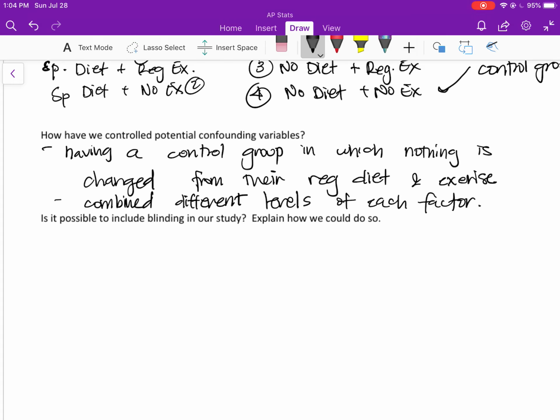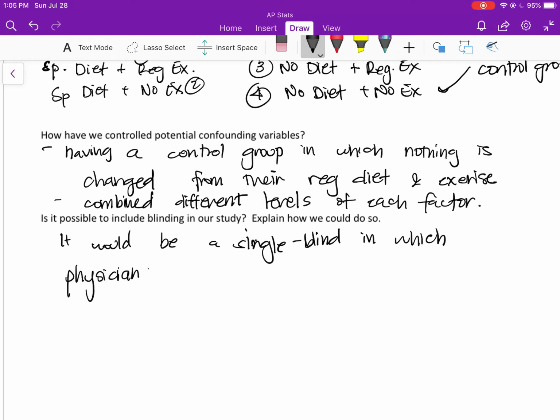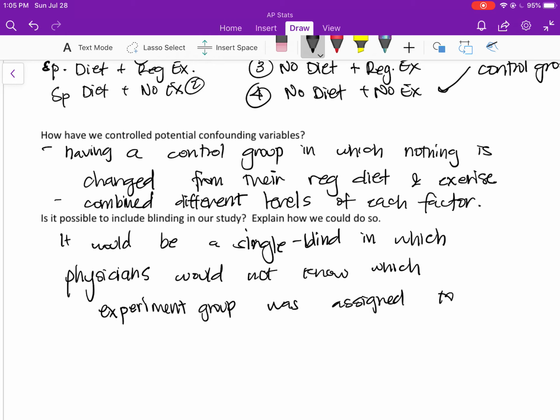So for this one, we definitely can have blinding, except it would only be a single blind, in which physicians would not know which experimental group was assigned to each participant.